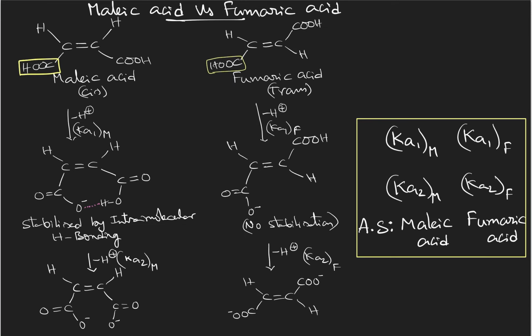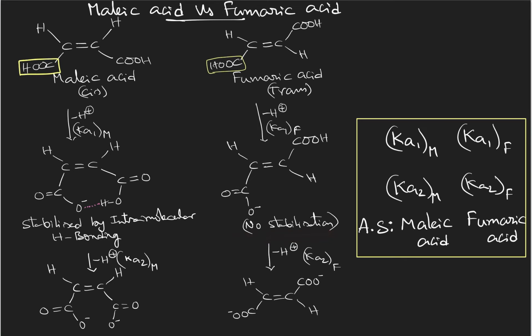Okay. Then coming to fumaric acid. In fumaric acid, let us consider the similar COOH group as the first H plus ion releasing group. After release of the first H plus ion, the COO minus formed cannot form hydrogen bonding with this COOH hydrogen, because the distance is very far here. A hydrogen bond is a weaker bond, so it cannot operate between two far groups. Therefore, there is no extra stabilization, and also no destabilization.